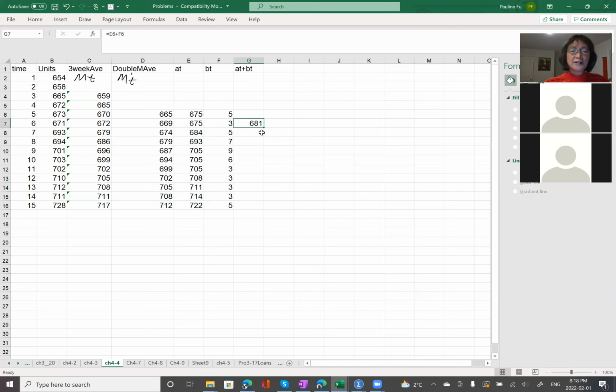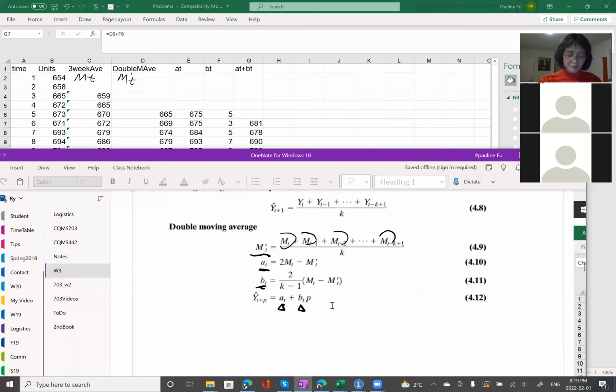And then you drag it down. So this forecast is based on this model here, the last one.